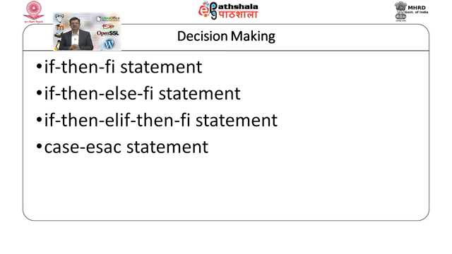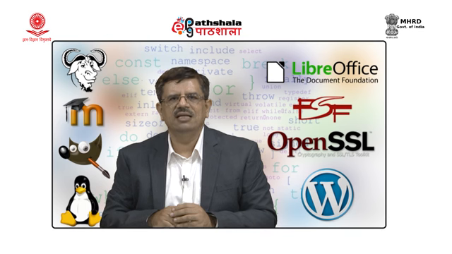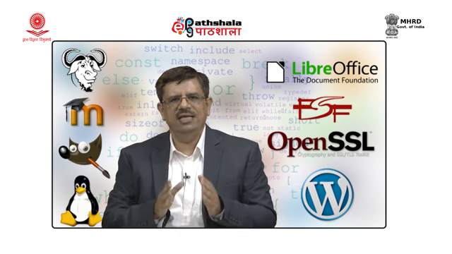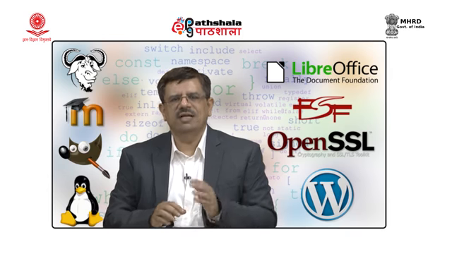Second, we provide two alternatives: if condition and there is an else part. In the third way, we provide two conditions: if condition 1 then execute this part, else if condition 2 then execute this part. And when we want multiple ifs, instead of using if we can use the case esac statement. Let us explore each notation one by one.